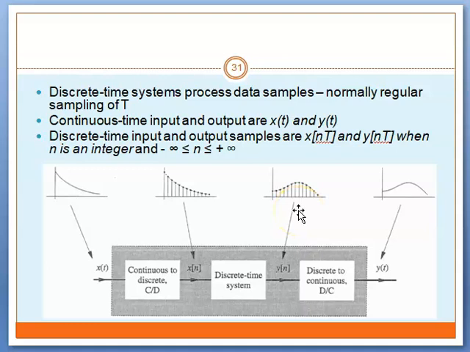Now you want to change the discrete signal back into a continuous time signal. So it goes into a discrete-to-continuous system, and finally it will produce an output y(t), which is a continuous time signal.